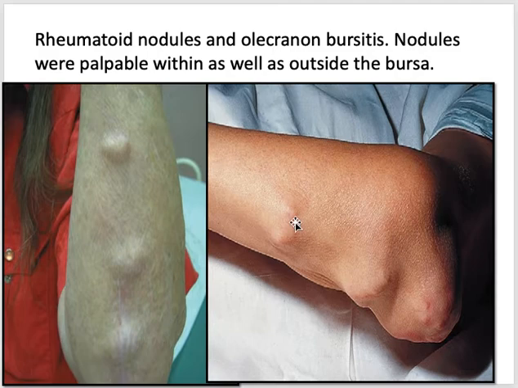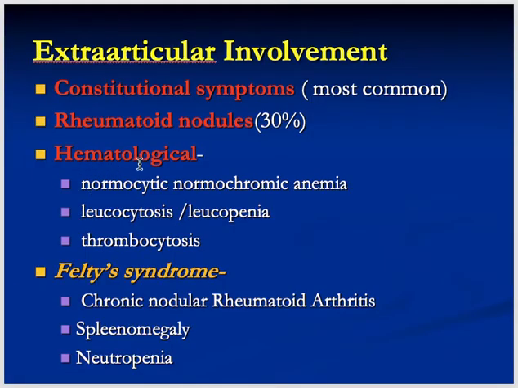So this is one thing, and then there could be hematological abnormalities. They present with normocytic normochromic anemia, and I think you must know by now that it's an anemia of chronic disease, which most of the patients have.